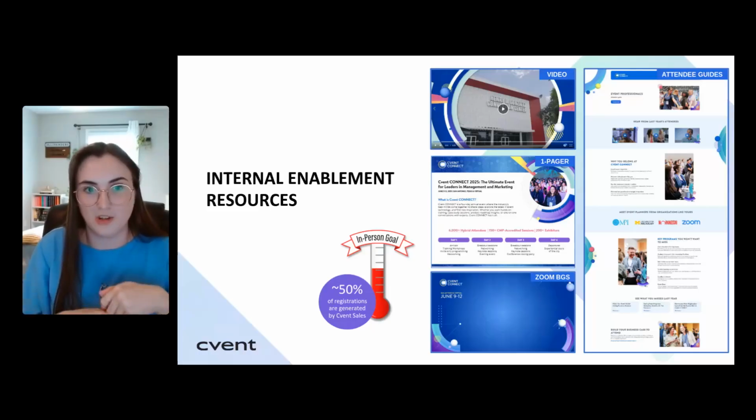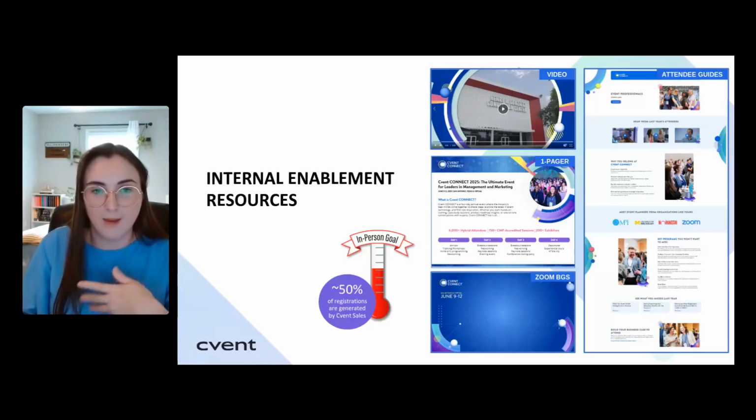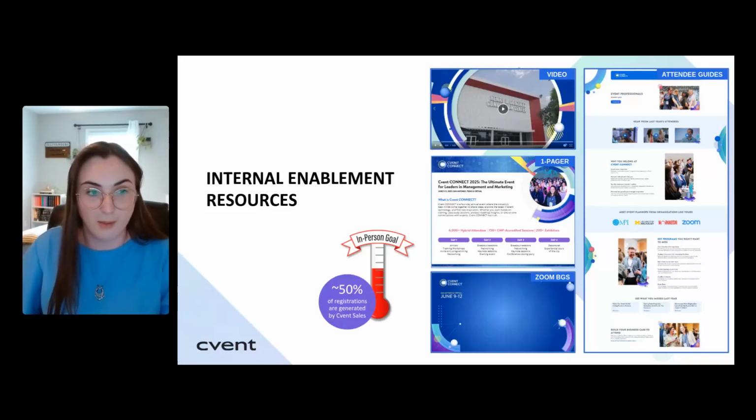Here's the sessions that you'll be interested in. It's a very hyper-personal experience, and it's both enablement material for our attendees, but also it helps educate our sales team. Okay, these are the most important value props I should bring up to this customer. And as the slide said, about 50% of our registrations are generated by Cvent sales for in-person and virtual. So they're definitely a huge component of our marketing plan.